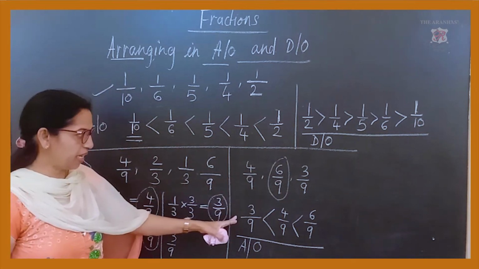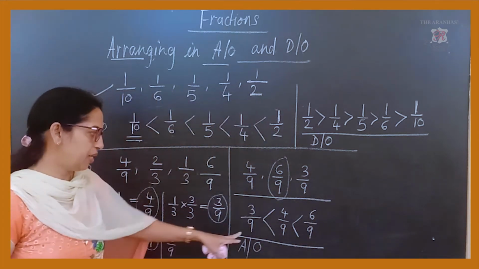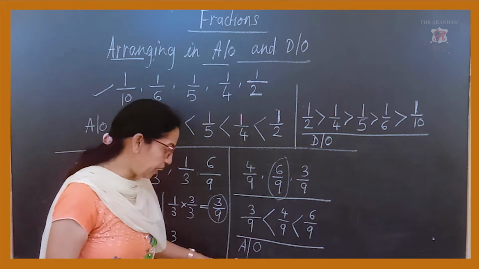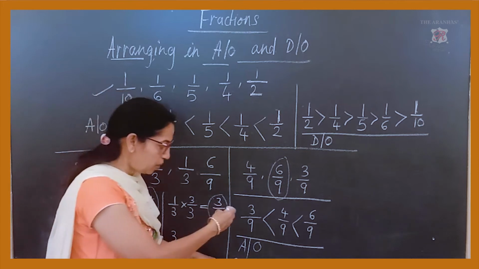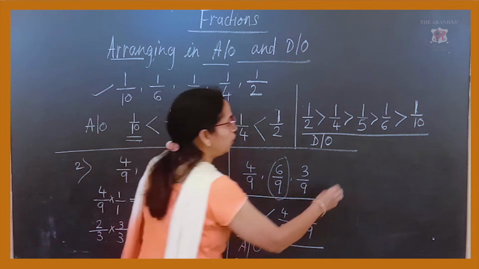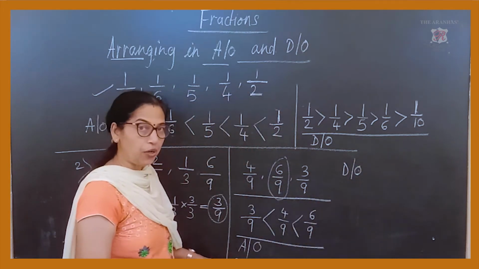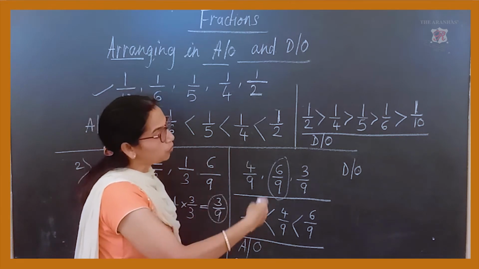Now for this case, when we have all these three fractions and we have already written the ascending order for the same fractions, when we want to write the descending order, we have to arrange these fractions again from bigger to smaller.